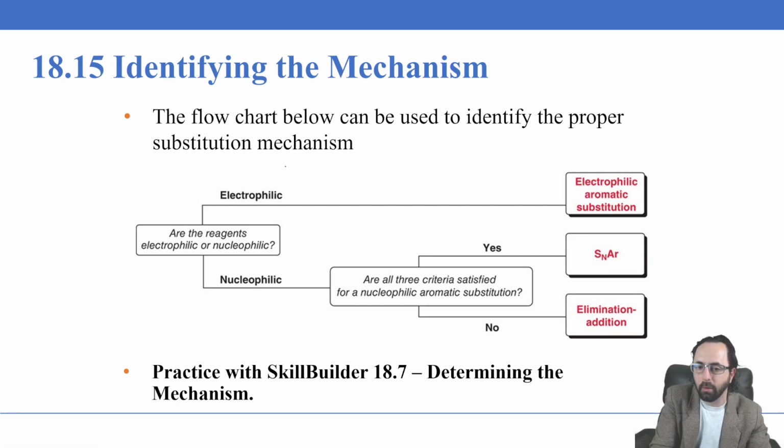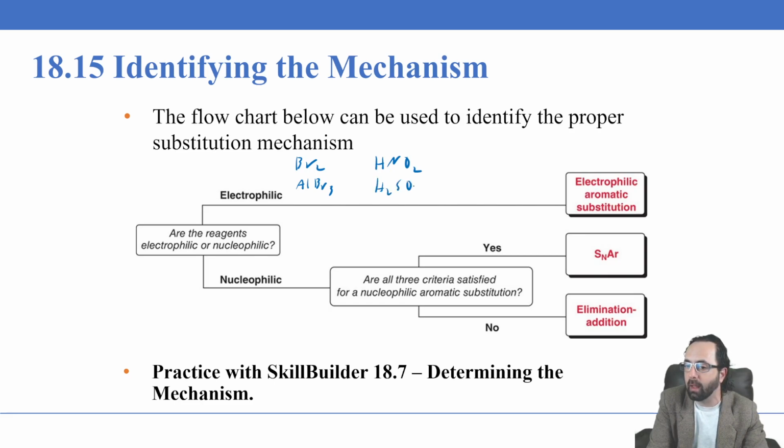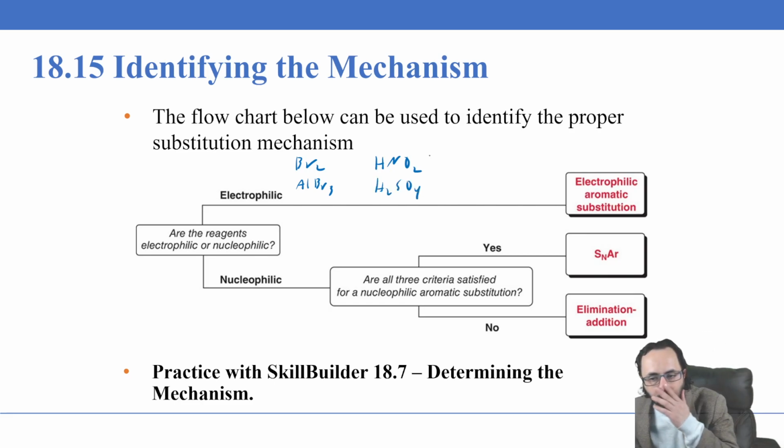The electrophiles were, for example, Br2 in the presence of AlBr3, right? Or for the installation of the nitro group, it was nitric acid in combination with sulfuric acid, and so forth. We had lots and lots of electrophilic reagents. If it's an electrophilic reagent that is used, then you will have the electrophilic aromatic substitution reaction.